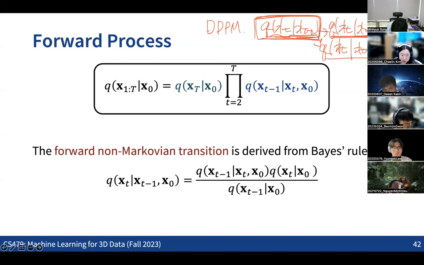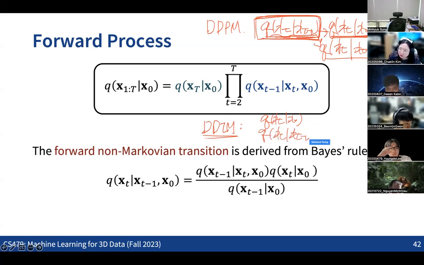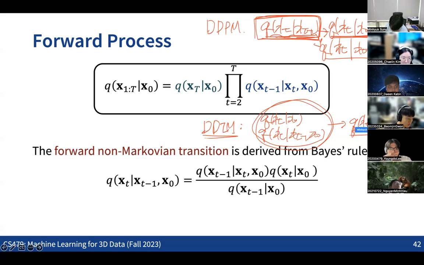And now in the DDIM, we are defining q of xt given x0. We are defining this. And from this, we are deriving q of xt minus 1 given xt and x0. So the other way around, right?